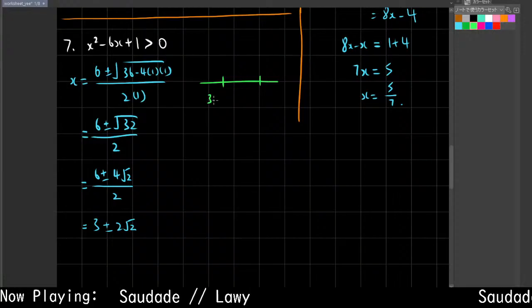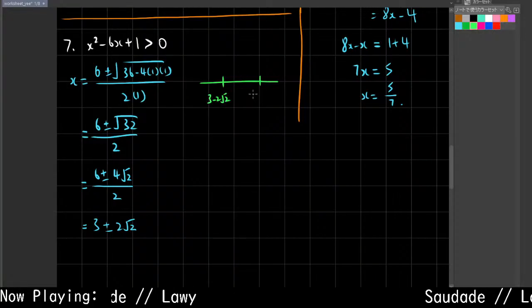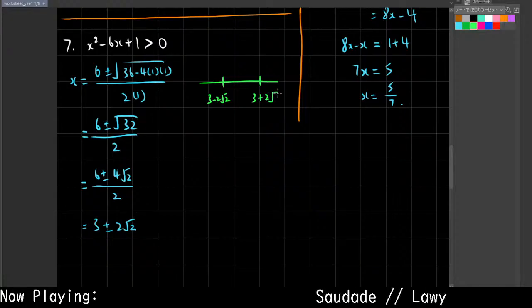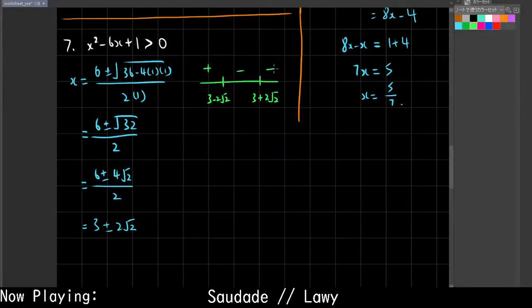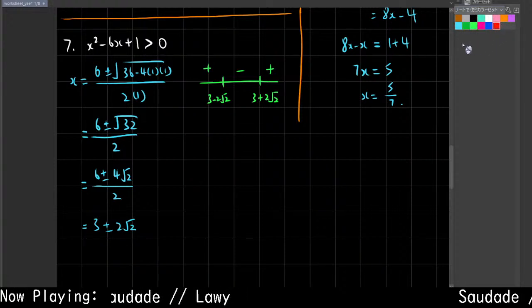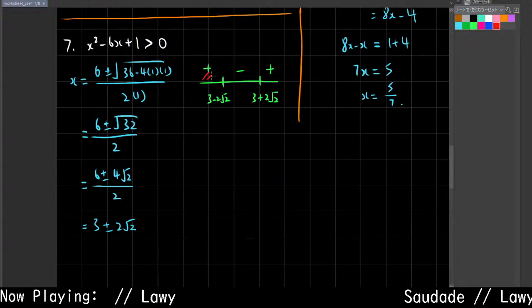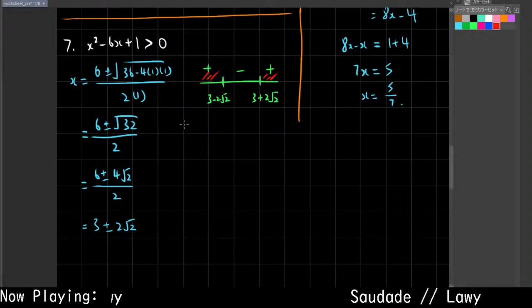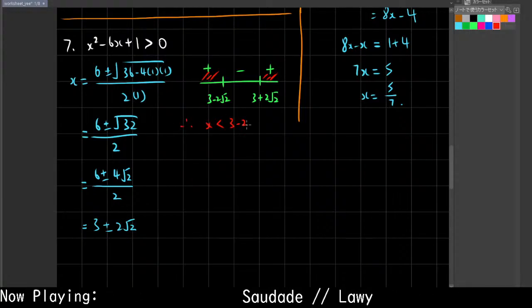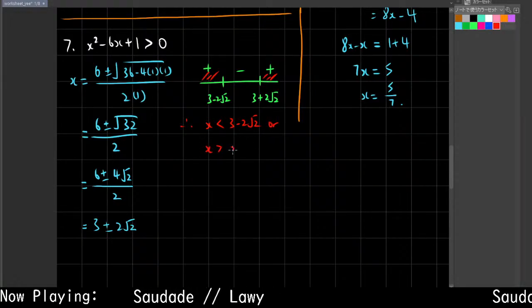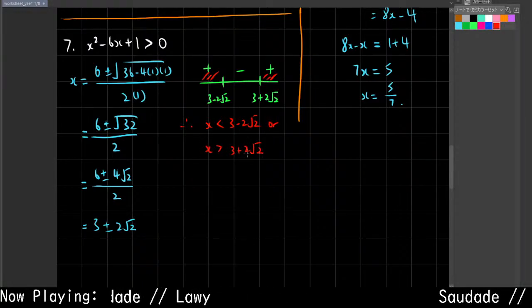Your smaller root will be here, your larger root will be on the right. Since this is a smiley face, we're doing plus minus plus. Since we want to find the portions that are positive, we'll be choosing this portion and this portion. Therefore, your x is either less than this number or greater than the other one.